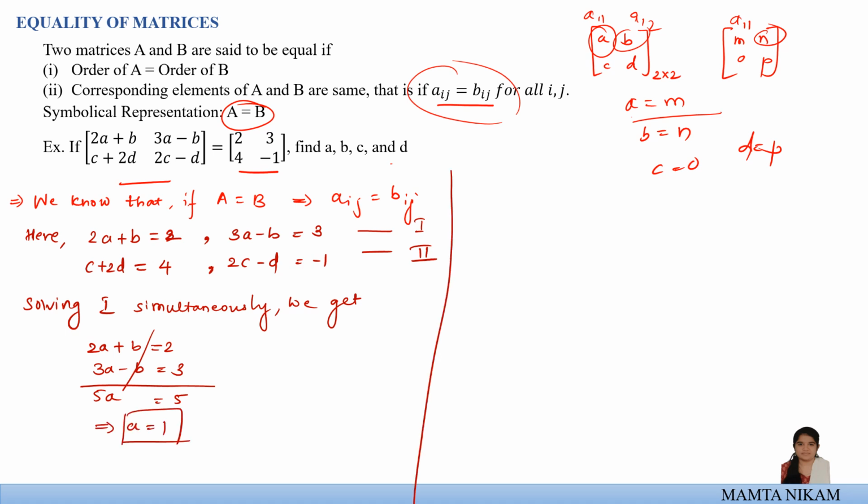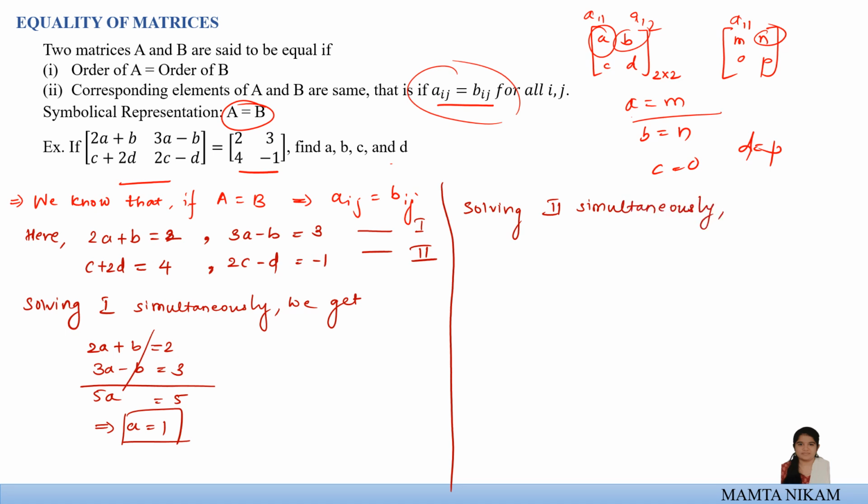On a similar basis, suppose we solve the second two equations. ये होगा c plus 2d equals to 4, 2c minus d equals to minus 1.